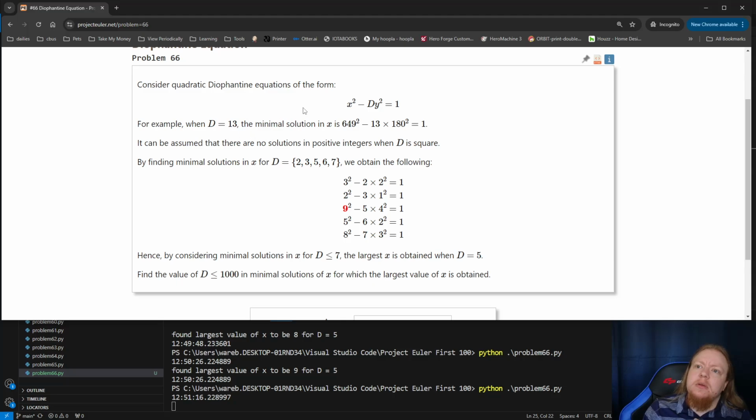Let's see. Minimal solution. I feel like going through every single value of x is rarely the right way to go about problems like this.